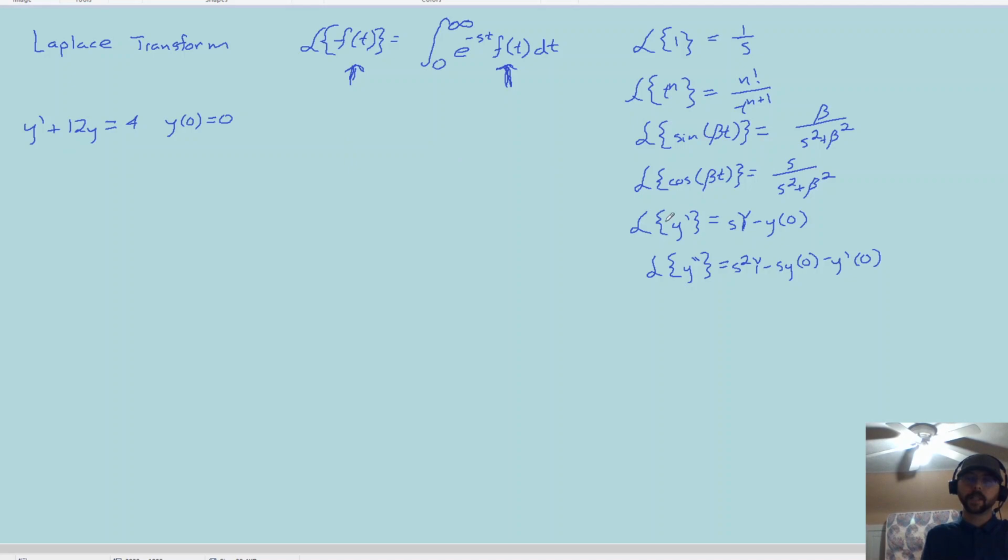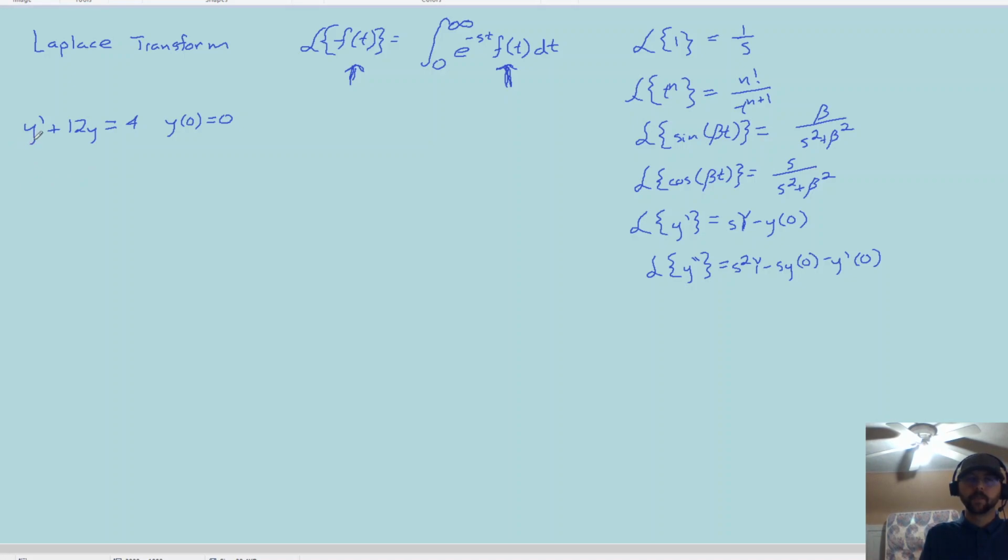So what we're going to do is take the Laplace of each term, and these follow the rules for integration. If it seems like I'm doing weird magic, it's because they're following the rules for integration. That's why we can do the Laplace of each term individually.